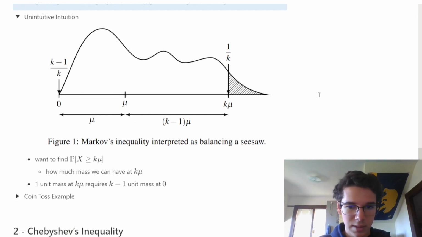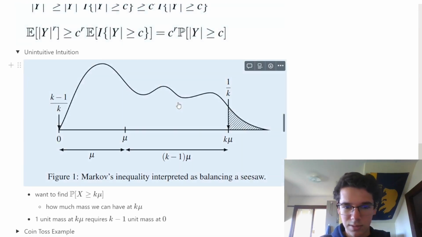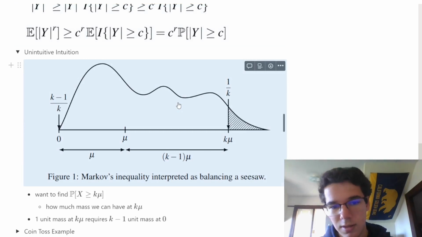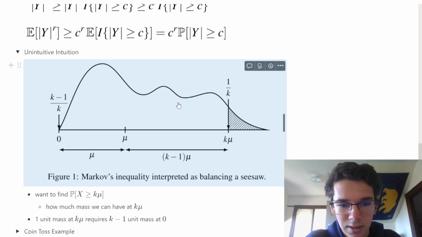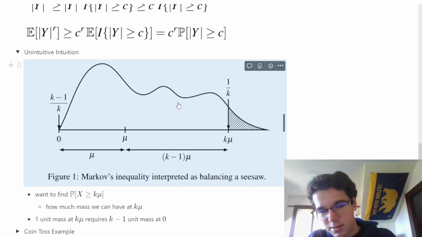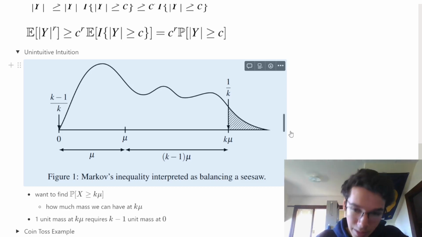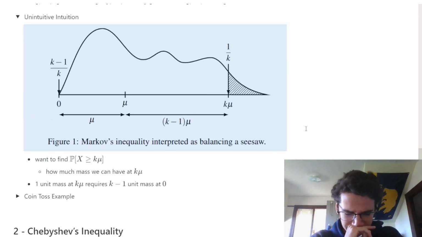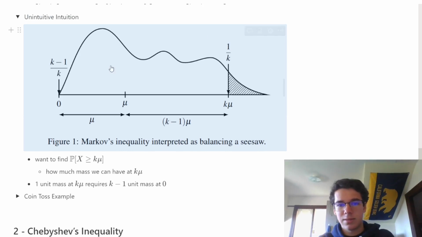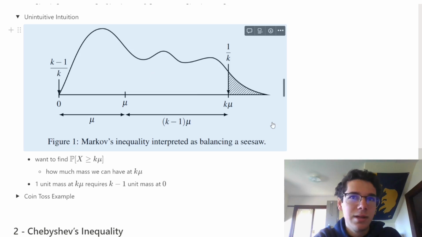They gave an example to develop a physical intuition for Markov's inequality, but to be honest, I still don't really understand how it connects. Maybe I was just fading at that point. I can sort of explain the physical picture, but I can't really explain how it connects to Markov's explicitly.